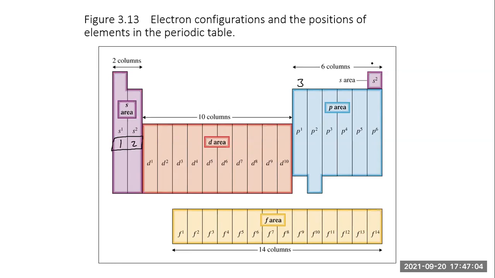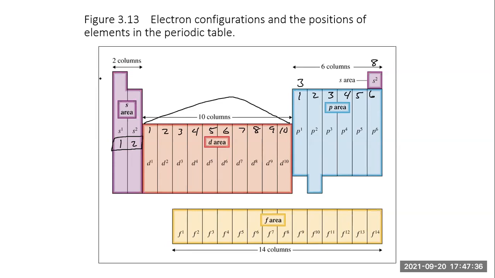Groups 3 through 8 are the P block, which has 6 electrons: 1, 2, 3, 4, 5, 6. The transition metals are the D block, which has 10 electrons. You just count off the squares. Down on the bottom is the F block, which has 14 electrons. If you count all the way across, you have 14.